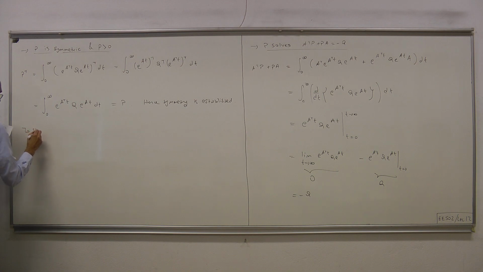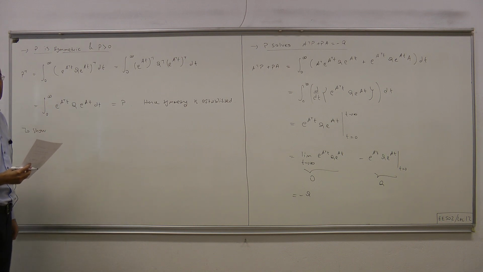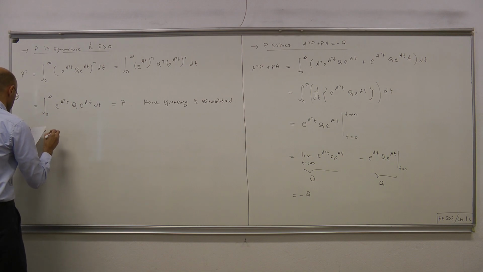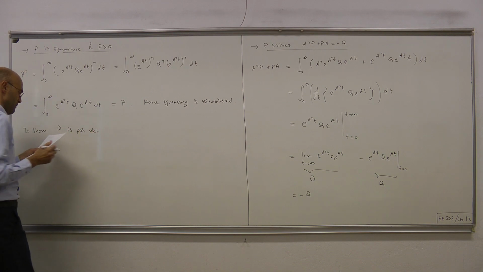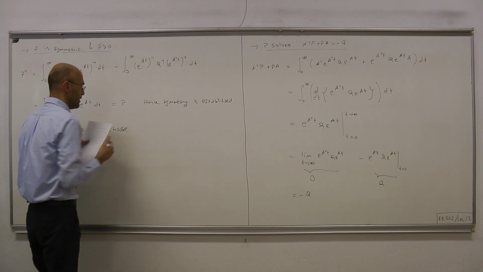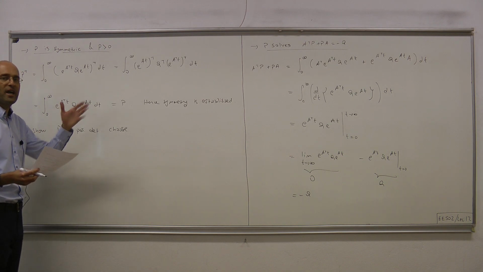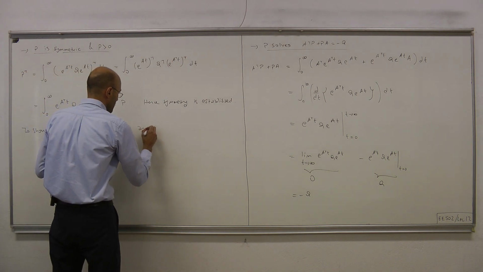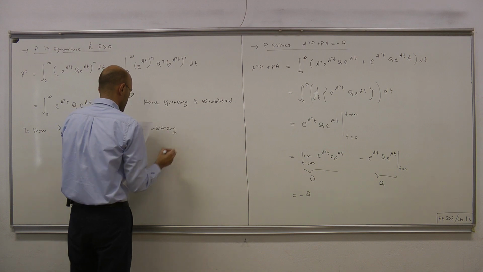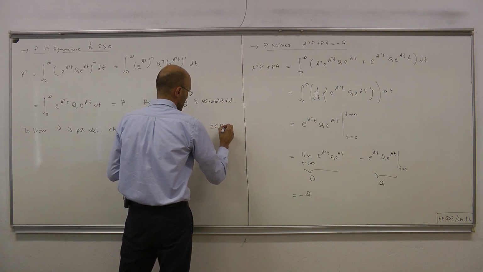Okay, to show that this matrix is positive definite requires a little bit of work. So what we do is the following. To show P is positive definite, we go to the very definition of positive definiteness of a matrix, and for that we choose an arbitrary but non-zero vector z in R^n.